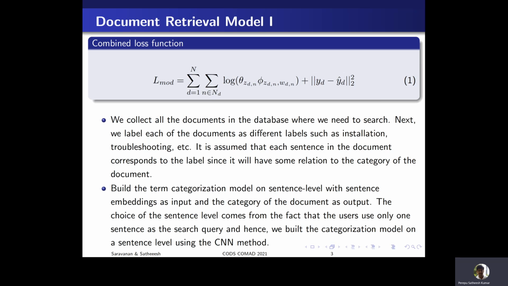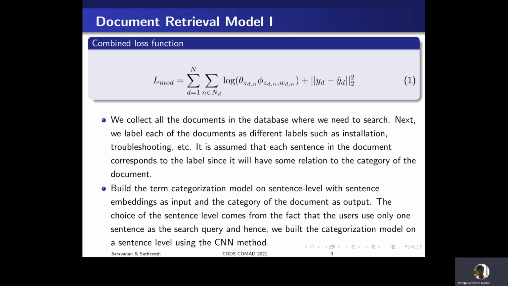And at the second level, we are using a combined loss function model, constructed by summing the loss function of topic modeling, as shown here, and the loss function of the categorization model. By summing both of these, we can come up with a novel document categorizer cum topic modeling model. By using that, we can obtain the necessary information in a faster, more efficient fashion. You can refer to my paper for more on this.